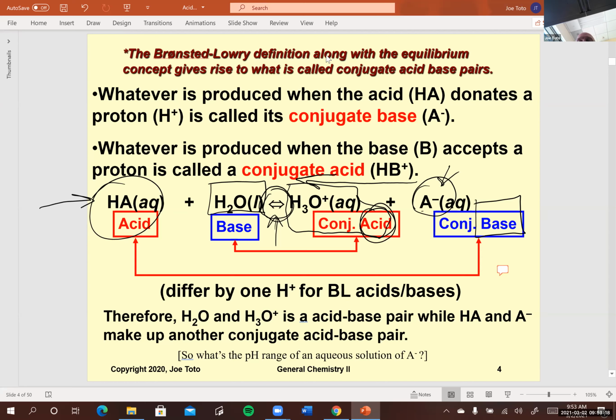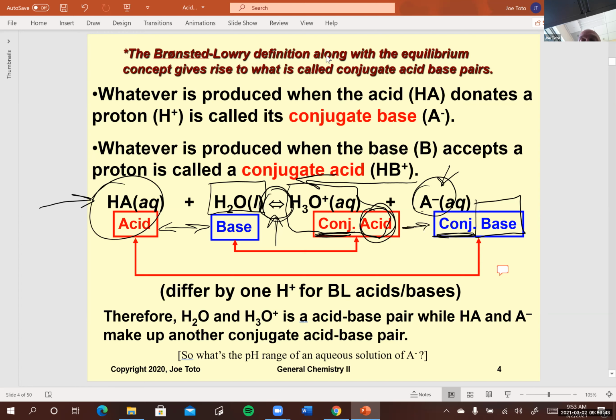Now, because it's on the product side of this equilibrium, it's given the name conjugate. So you can only define the conjugates in terms of the acids and bases, which are given the designation for reactants, and the conjugates are the products.